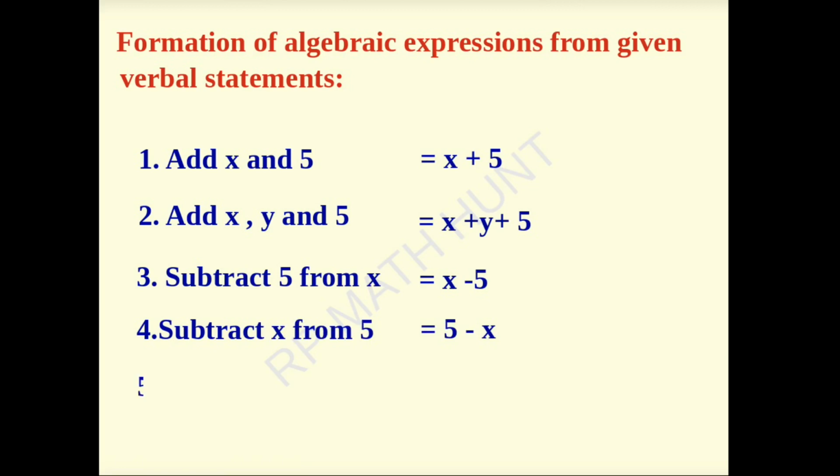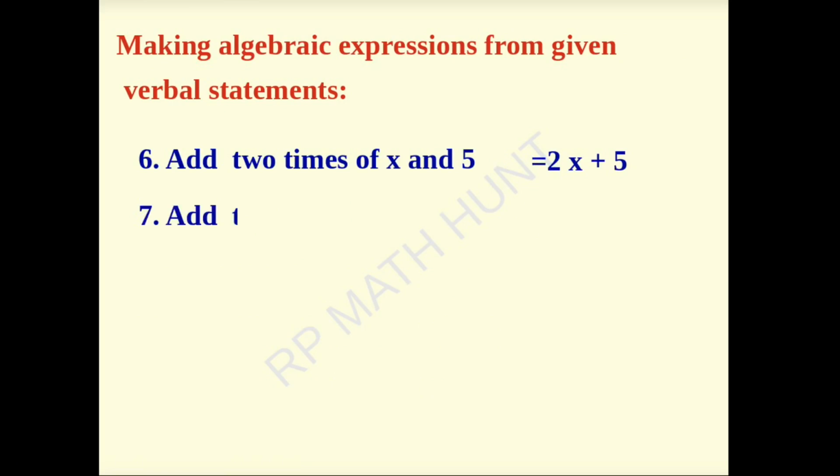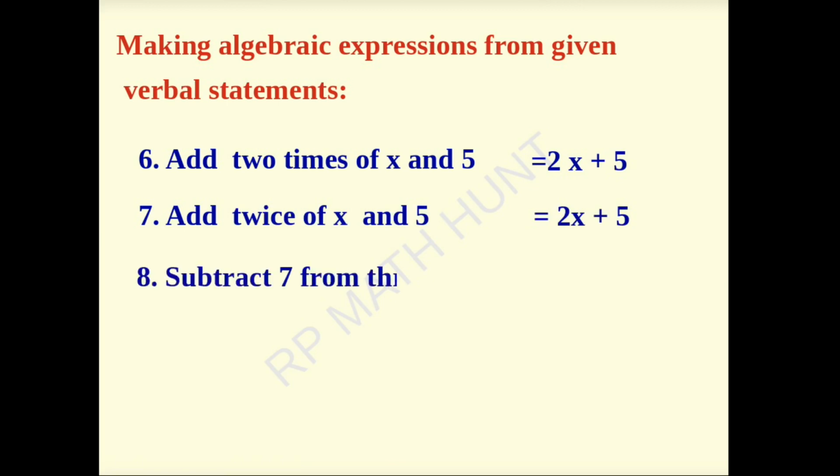And fifth one, multiply x and 5, that is 5x. Some more. 6. Add 2 times of x and 5: 2x plus 5. 7. Add twice of x and 5, that is 2x plus 5, both are equal, 2 times or twice.